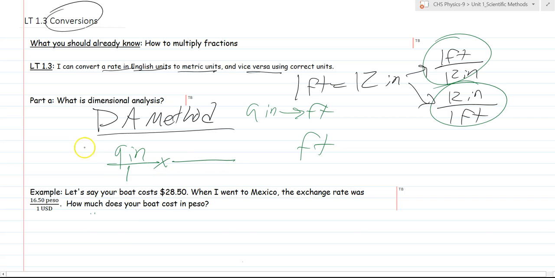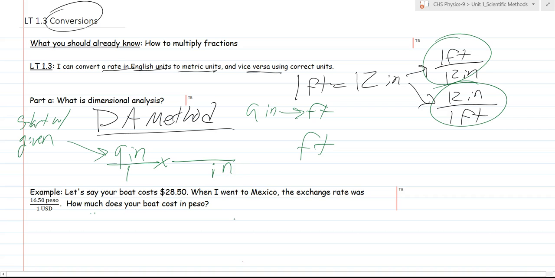So you always start with your given. And then you put that over 1. And then you always are going to multiply by a fraction. The way we decide what that fraction is based off of what the units are. I've got inches here, so I want to put inches on the bottom.